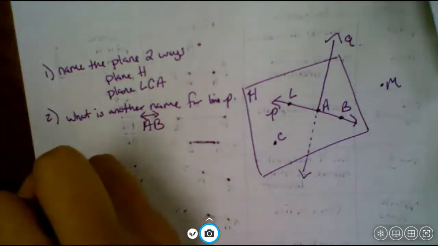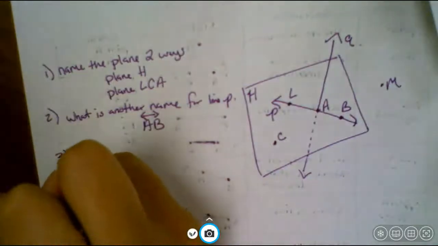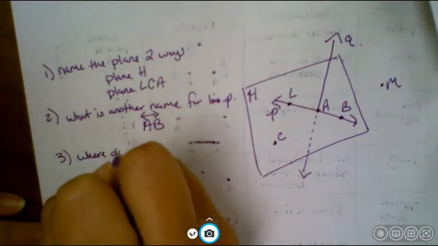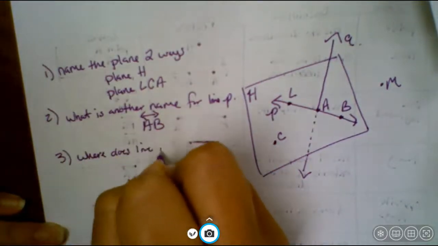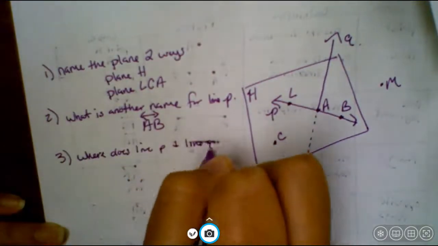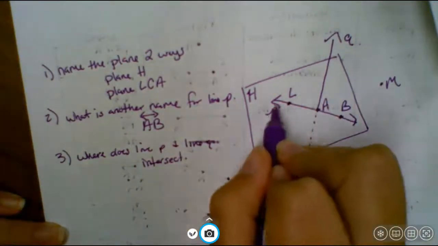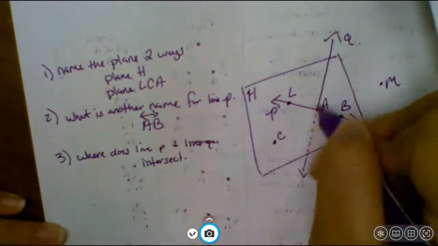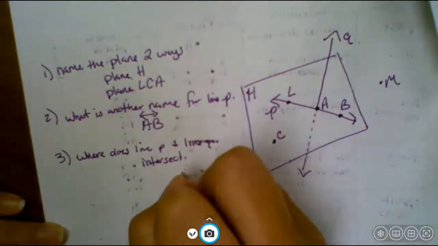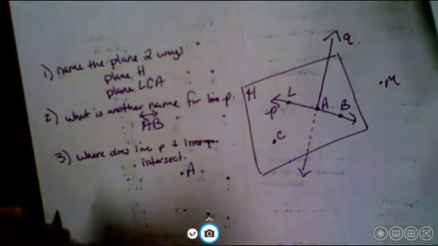Okay, number 3. Where does line P and Q intersect? Well, if we look where they meet, here's line P, here's line Q. They intersect at point A.